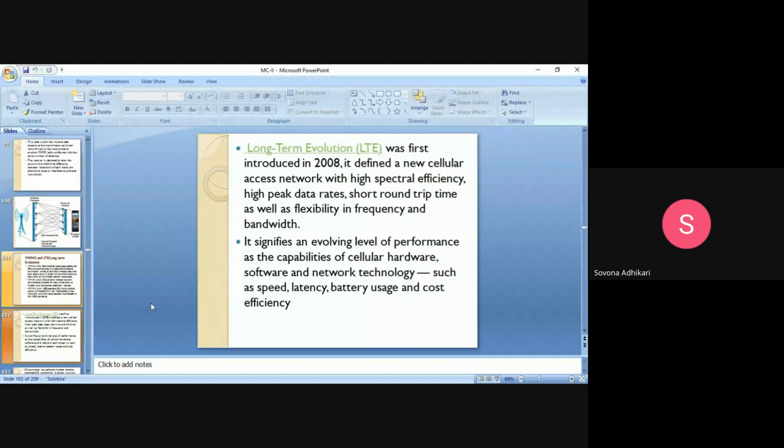So this is high performance in cellular hardware. Speed is more. Latency means the time gap between the data send and data receive. Battery usage is less, and cost efficiency is better. So these are the features of LTE.